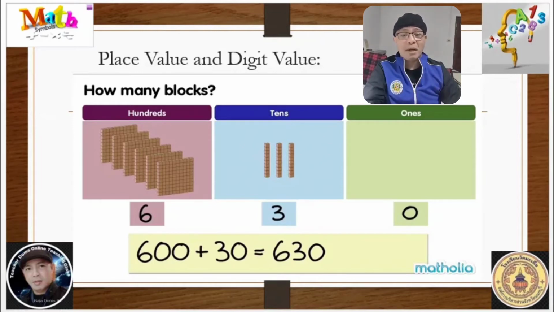What is the place value of 3? Tens. What is the place value of 6? Hundreds. Okay, if we're going to expand the number, we have here 600 plus 30 equals 630 in the expanded form of 630. Alright?